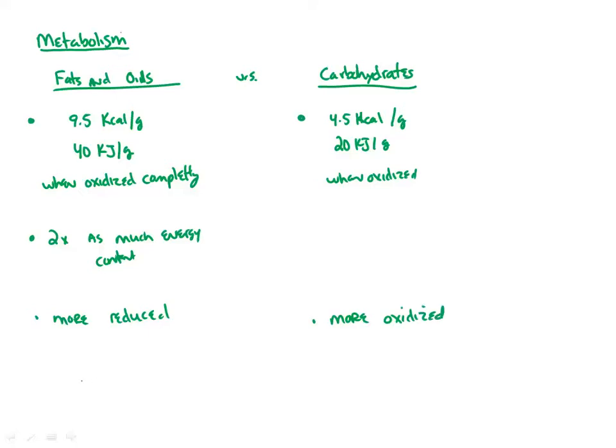Because if we take a look at a fat and an oil, now if we ignore the carboxylic acid end, because that's kind of the exception, most of these carbon atoms simply have a bond to two hydrogen atoms and then bonds to other carbons. Whereas if we compare that to a carbohydrate, 1, 2, 3, 4, 5, 6, we've got an aldehyde on one end, and then every single one of these has an OH bonded to it.